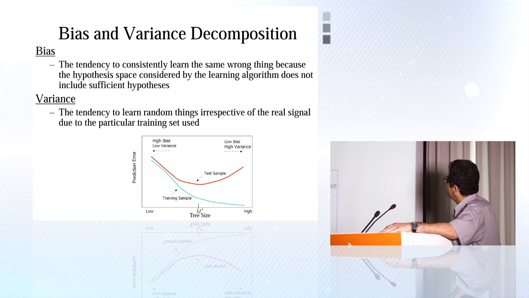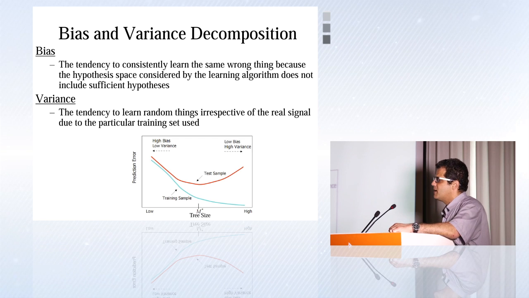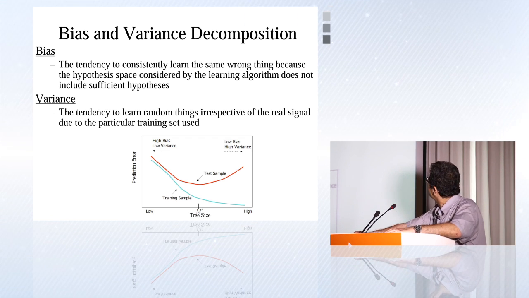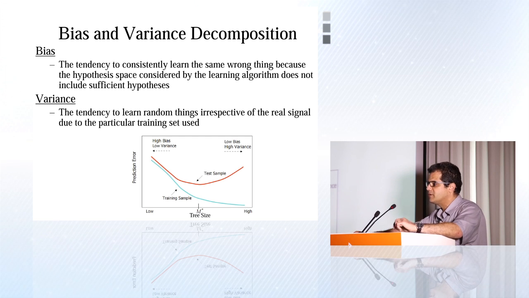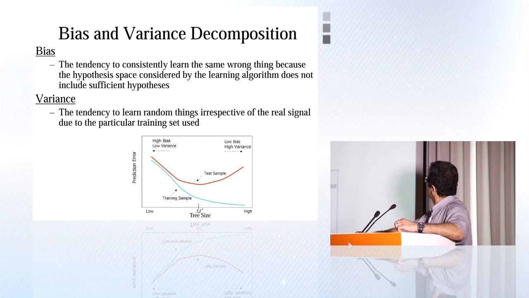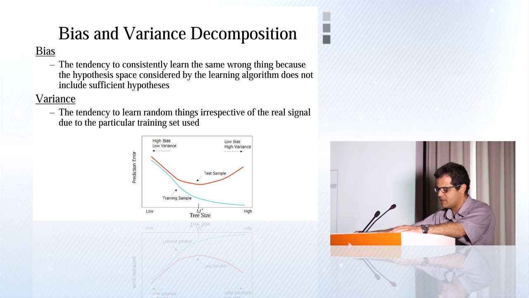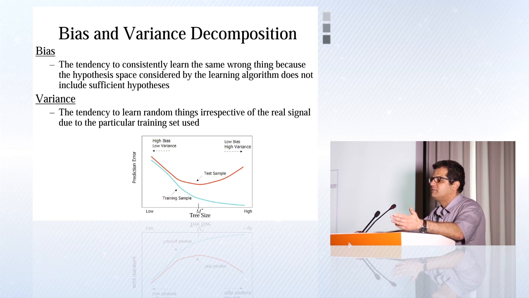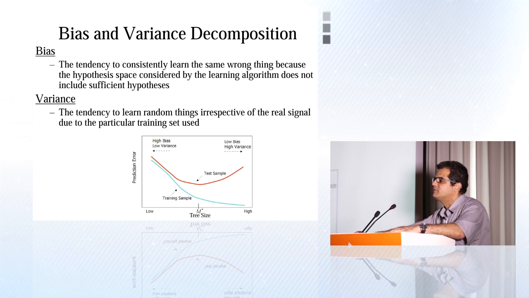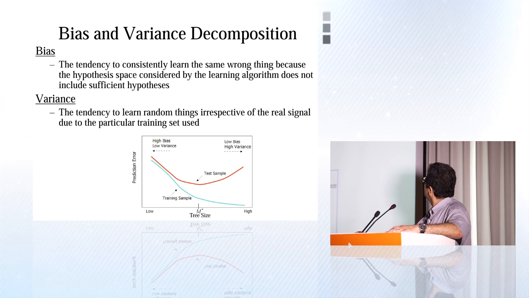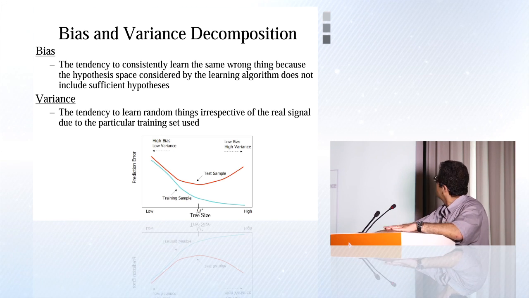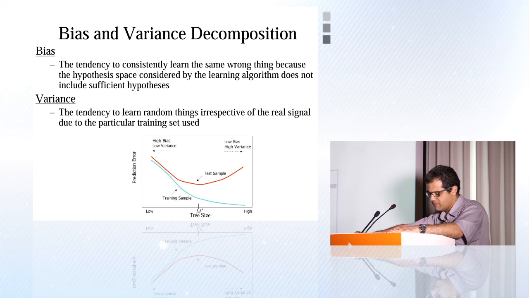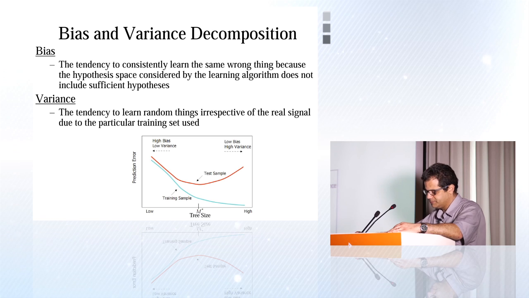Another way to explain it is with what is known as the bias-variance decomposition. The bias is the tendency of the algorithm to learn the wrong thing over and over, basically because it has a limited hypothesis space. On the other hand, the variance component is the tendency of the algorithm to learn things irrespective of the real signal, because of the randomness that we have in the training set at hand.